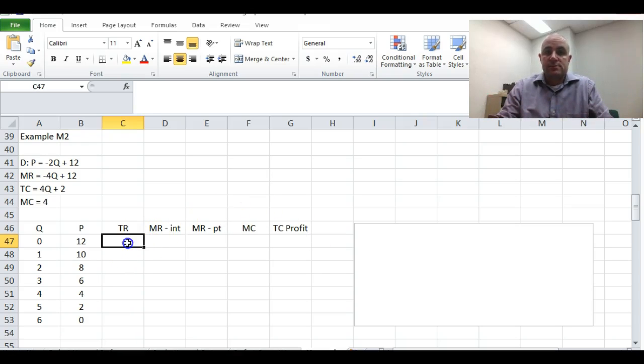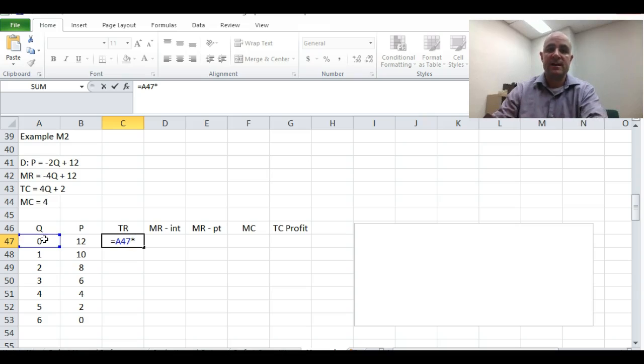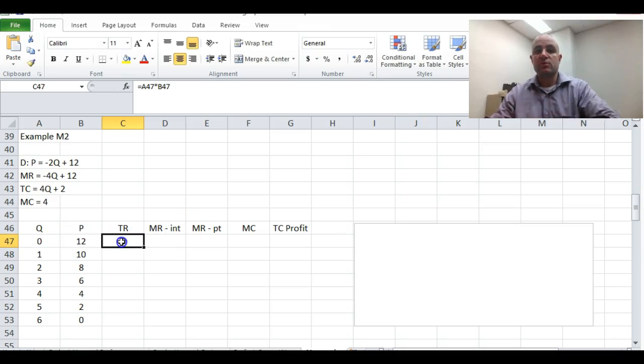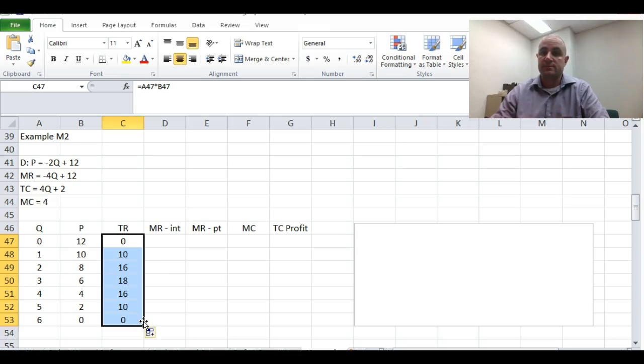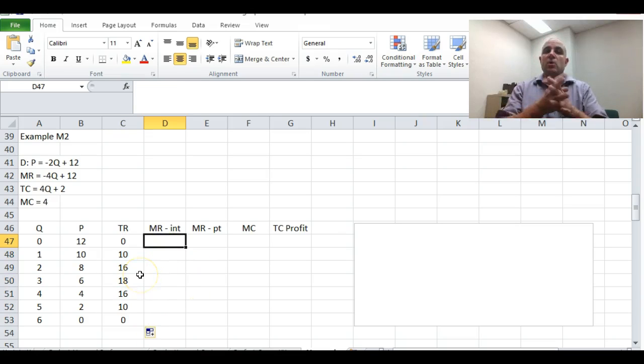Total revenue at the different prices and quantities that they want to sell at is going to be the number of units they sold times the price they sold each one at. And so 0 times 12 is 0, 1 times 10 is 10, 2 times 8 is 16, and so forth. Now, the marginal revenue. I'm going to look at this two different ways here.